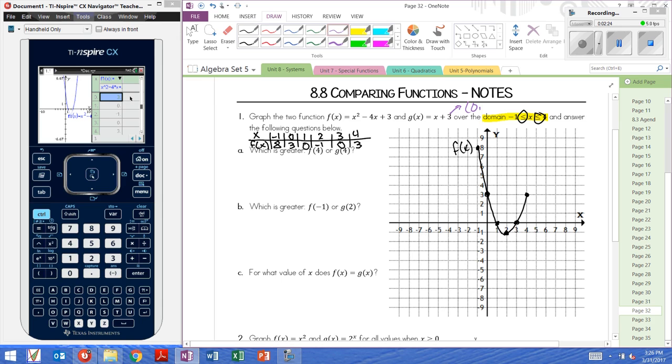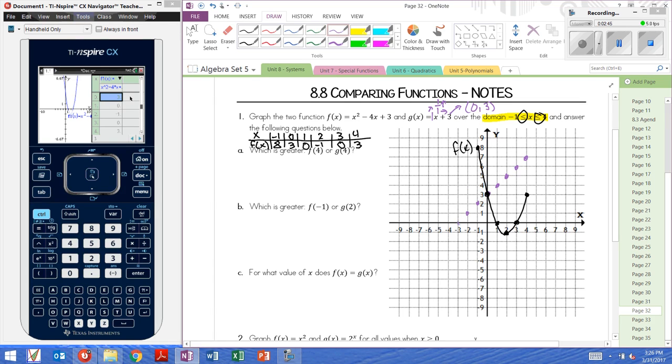This is a lot easier to show work. There's our y-intercept, and our slope is 1 over 1, so up 1 to the right 1 where we start at 3. And remember, we are only graphing this over the same domain, so I'm going to stop where my line ends.